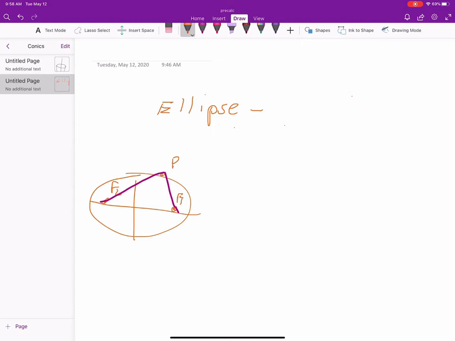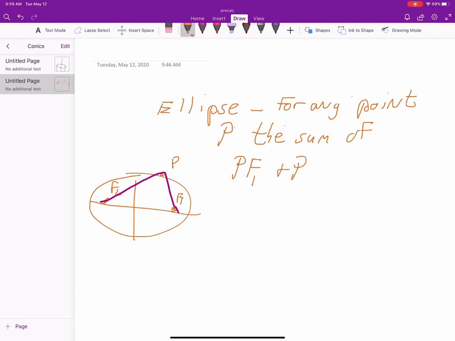For any point P on the ellipse, the sum of PF1 plus PF2 is always equal to a constant.